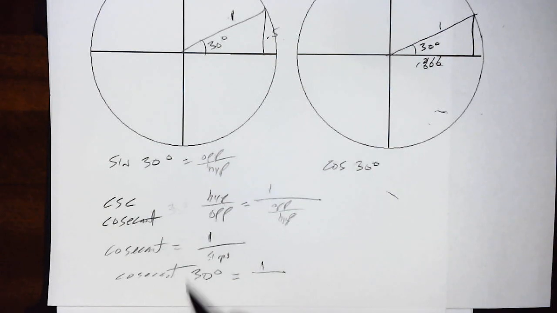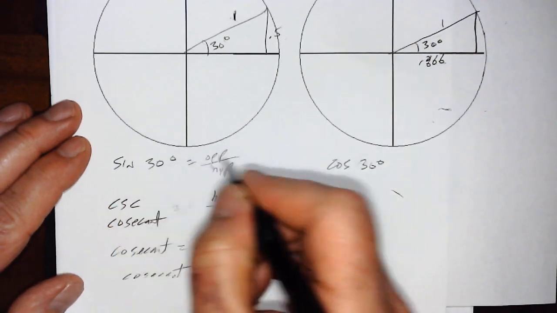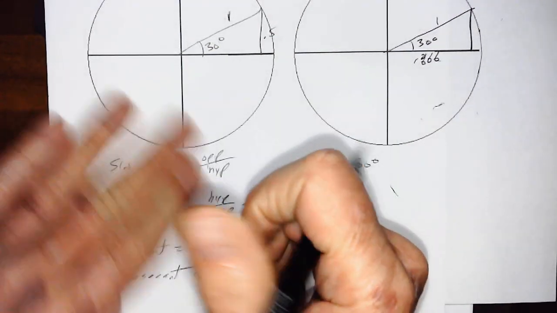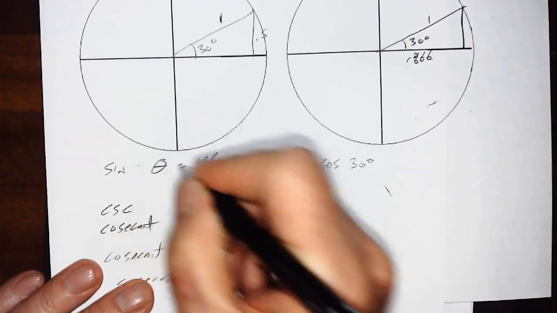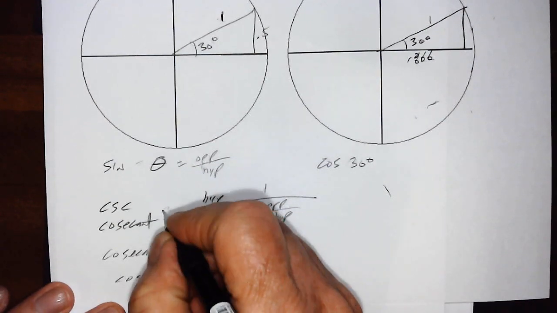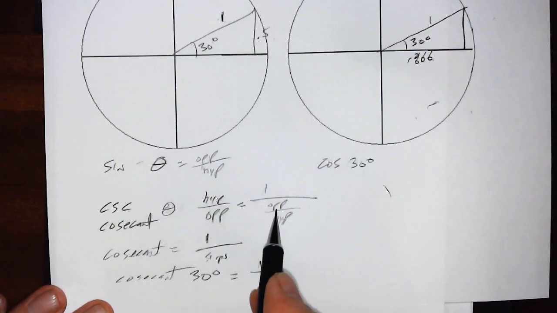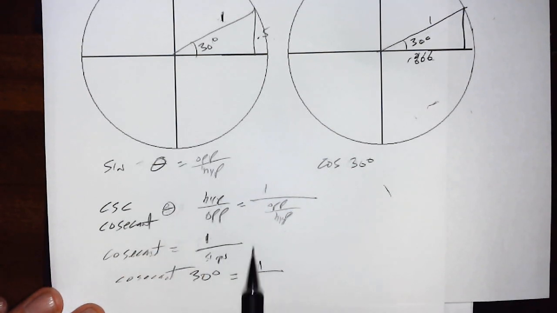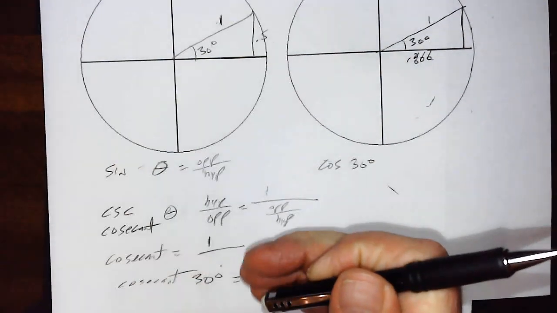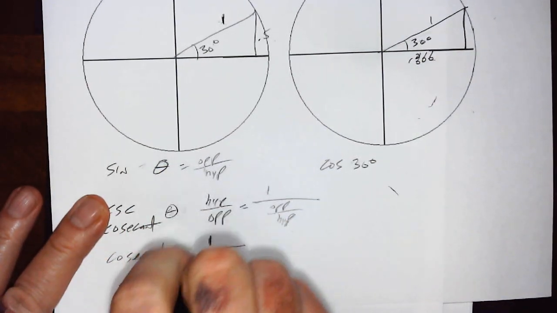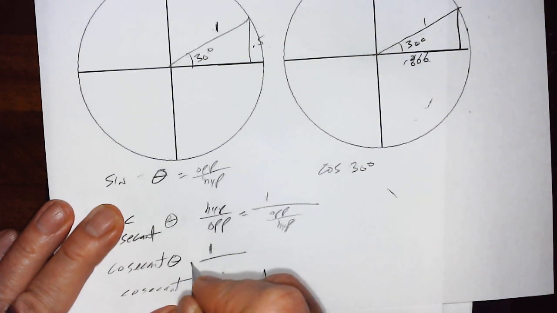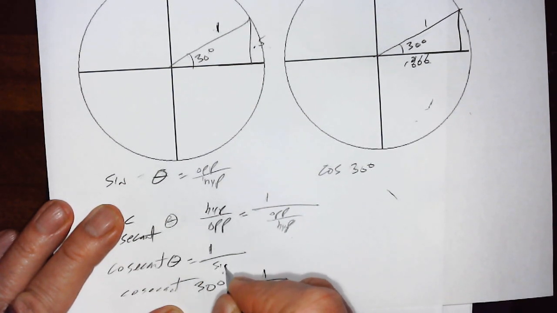I sort of ended up talking in more general terms. The sine of theta is the opposite over the hypotenuse. This is all stuff really about any angle. And even this one, let me write it like this: the cosecant of theta is 1 over the sine of theta.